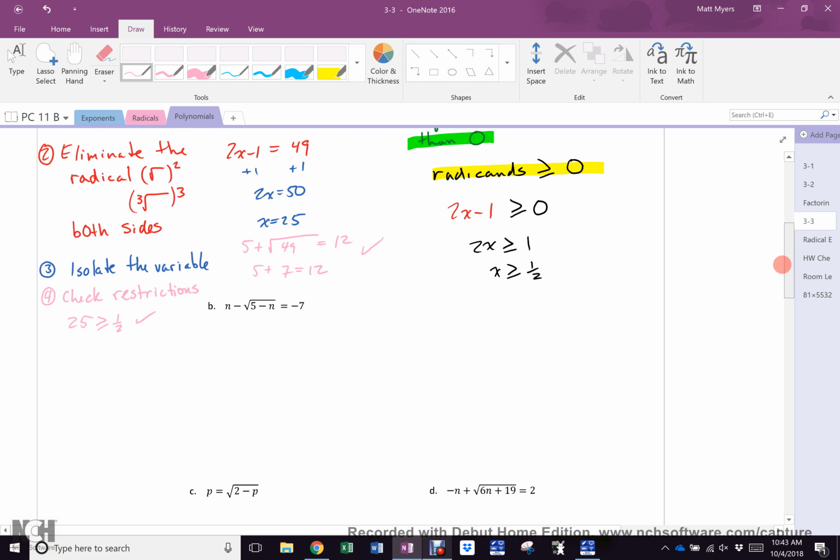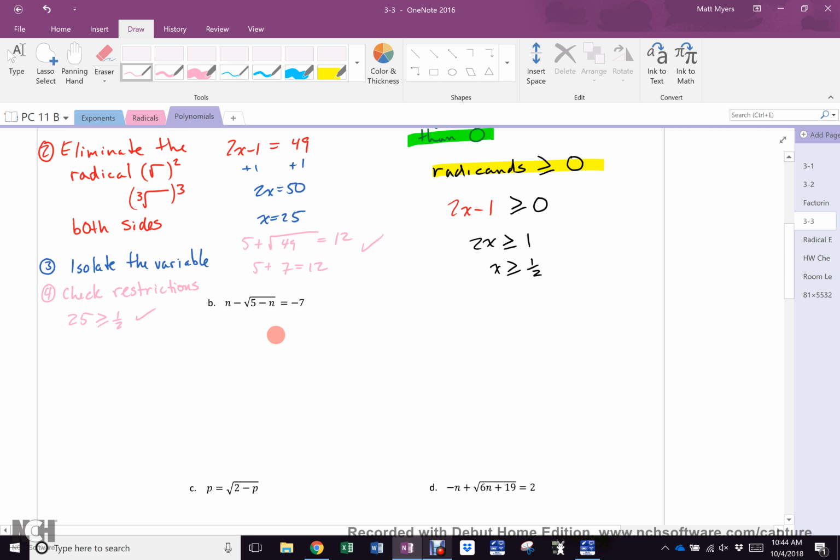We'll work through B together, and then I'm going to let you try C. So let's look at B. You can follow the steps, can't you? Okay. So what would you do to isolate that radical? Which means get it completely by itself. Minus n. You could take away n from both sides, yes?